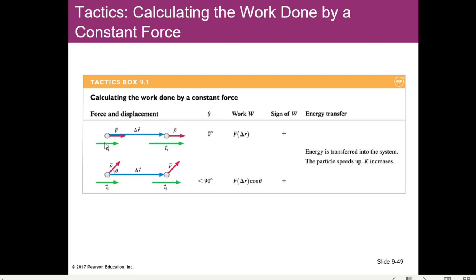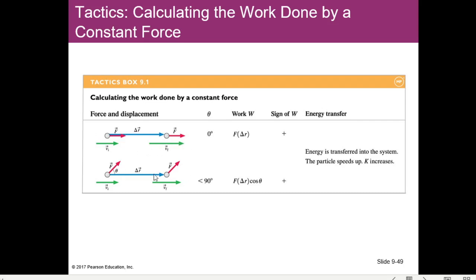And notice that energy is transferred into the system. The particle is speeding up. As we know, if the force and the velocity are in the same direction, that means our acceleration, which is in the direction of the force, is in the same direction as the velocity, so we speed up. This is stuff we learned in chapter 2, so we understand this one very well.